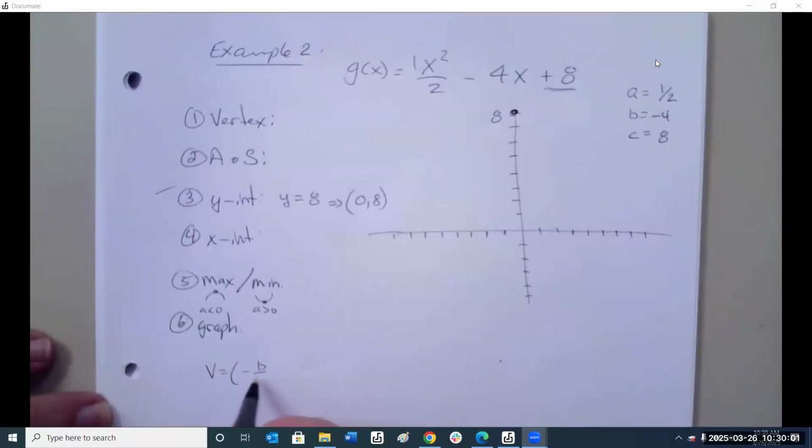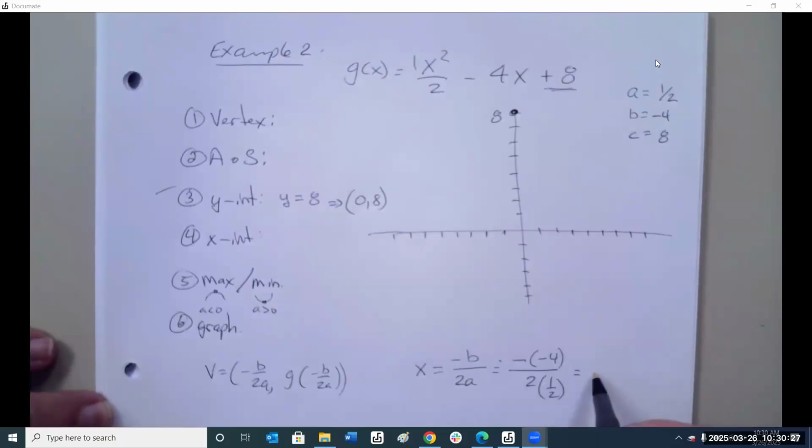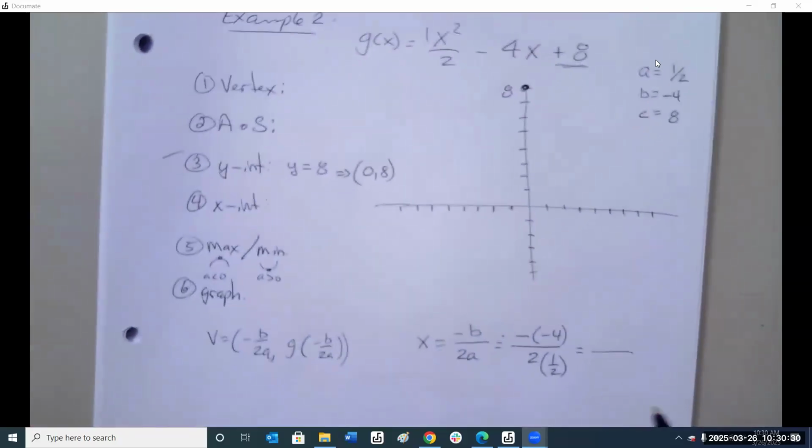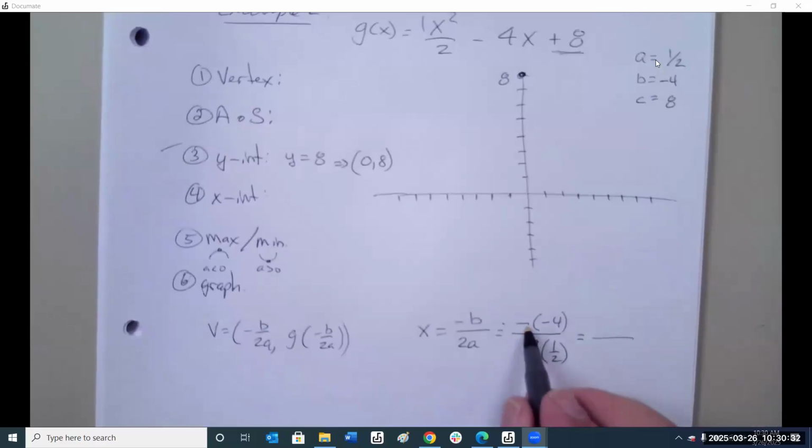It's negative b over 2a, and then g of negative b over 2a. B is -4, so it's negative of the -4 over 2a, which is 2 times 1/2. So negative and negative makes it a +4. The 2's cancel, so the bottom is 1.